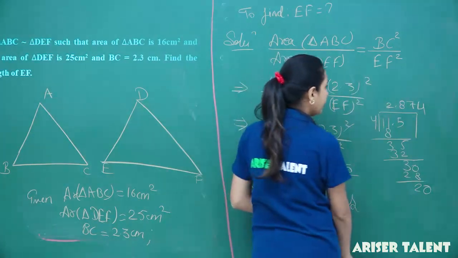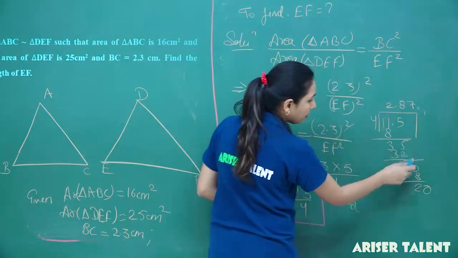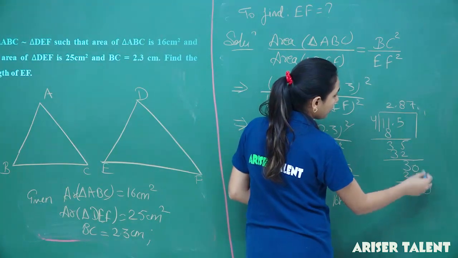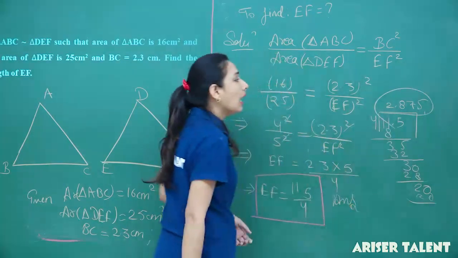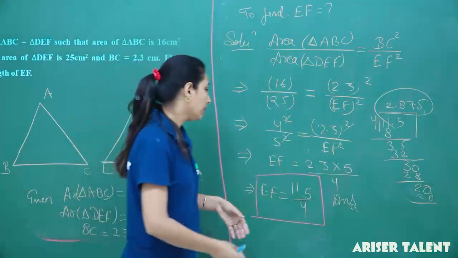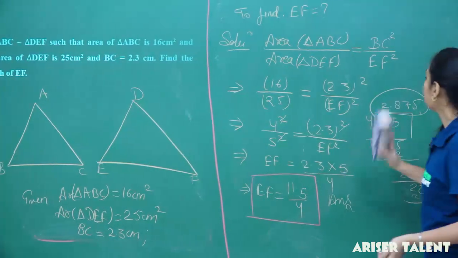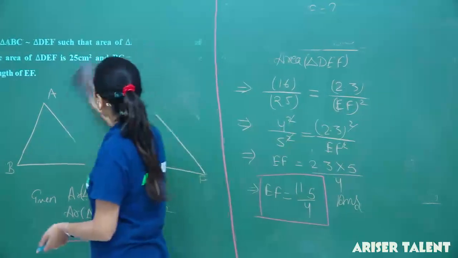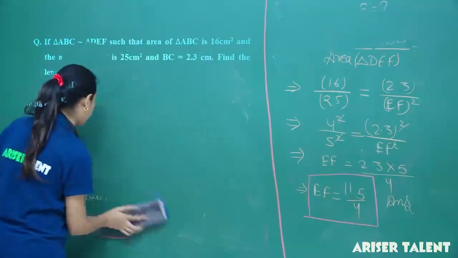So you can write it here also. We'll be getting 3 and now 28, then 3. So you will be getting this as your answer. So you can solve it and then write the answer. Mark it, I am going to rub. Okay students, so see how simple it is to solve this kind of questions.